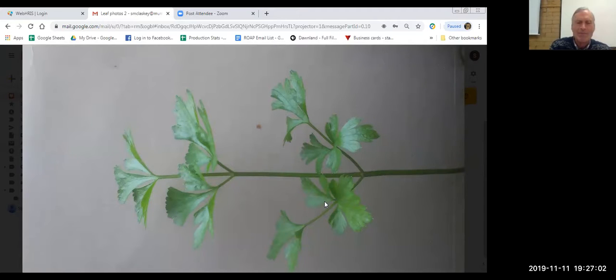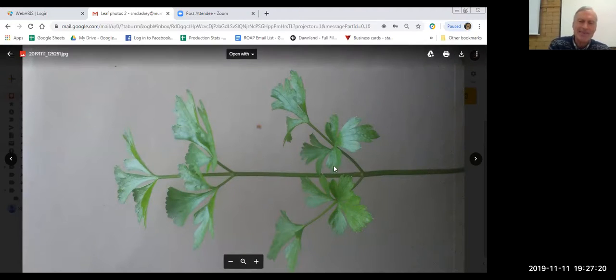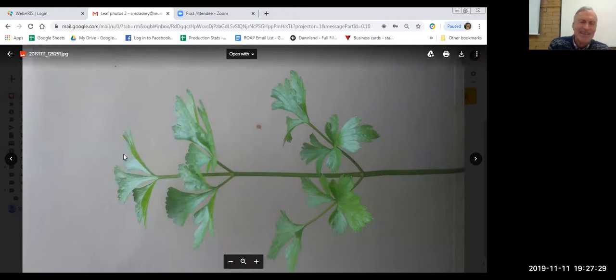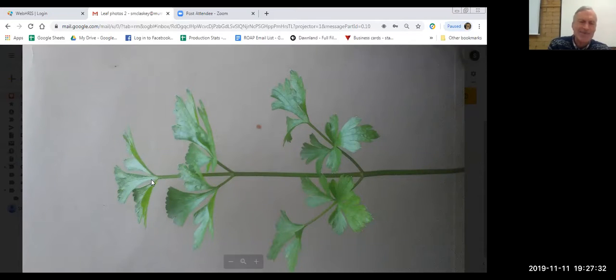So it's like there are 3 main leaflets, and each leaflet has 3 sub-leaflets on it. So here's one leaflet that's divided into 3, 1, 2, 3. Here's another leaflet that's divided into 3, 1, 2, 3. Here's another leaflet that's divided into 1, 2, 3. And then each of those sub-leaflets has 3 lobes to the leaf.